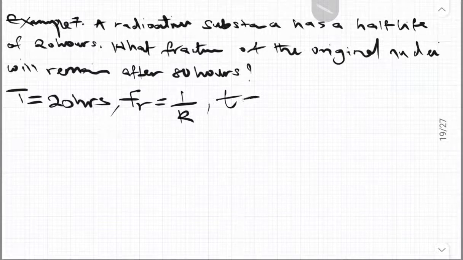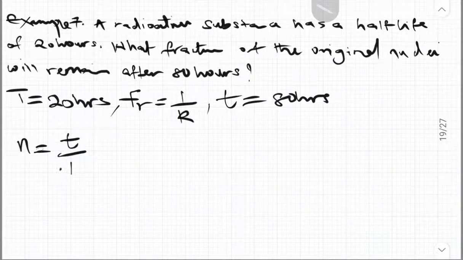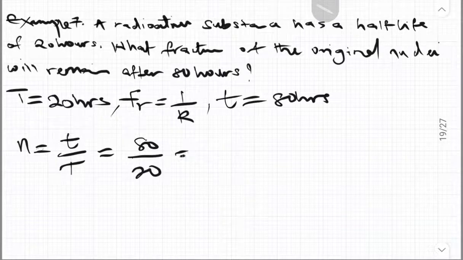FR is always N2 over N1. So small t is 80 hours. Let's find the number of half-lives, which is going to be small t over big T. Small t is 80 hours, big T is 20 hours, and this is actually 4.